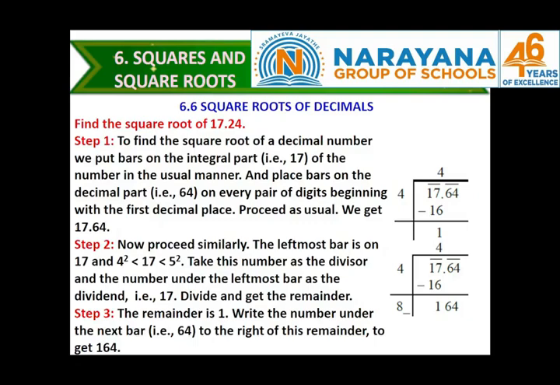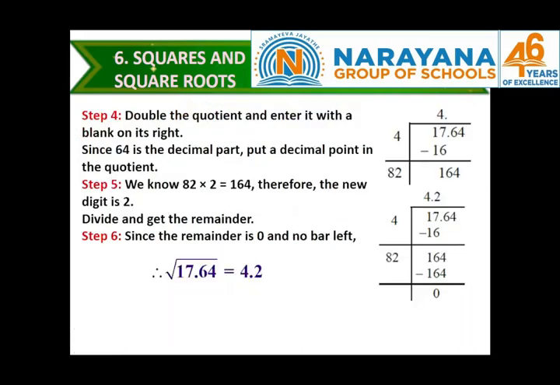Whenever you bring down the numbers after the decimal, put the decimal point in the quotient, and you will get the exact answer. The method is the same as for normal numbers, and the difference is only putting the bar. So the square root of 17.64 is equal to 4.2.